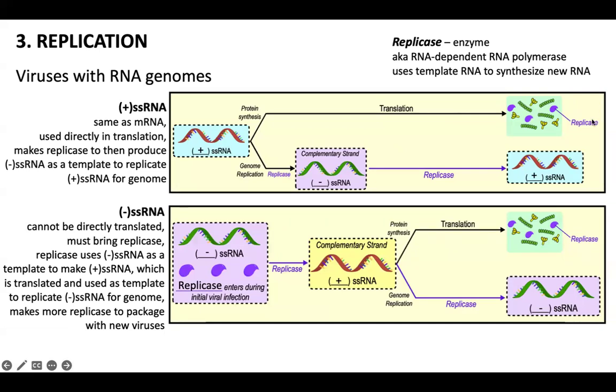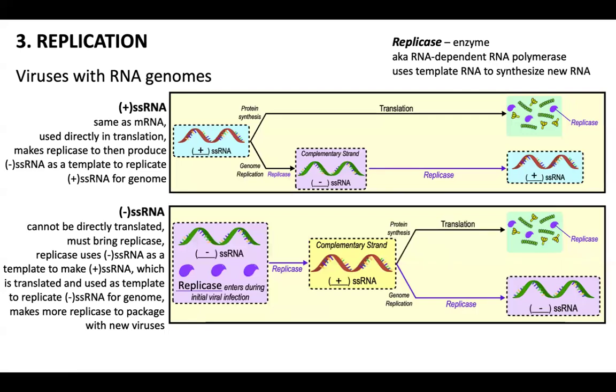Replicase is an enzyme, also known as RNA-dependent RNA polymerase. So it's RNA dependent, that means that it's using template RNA. And then RNA polymerase, so polymerase is an enzyme that puts RNA together, right? So replicase uses template RNA to synthesize new RNA.